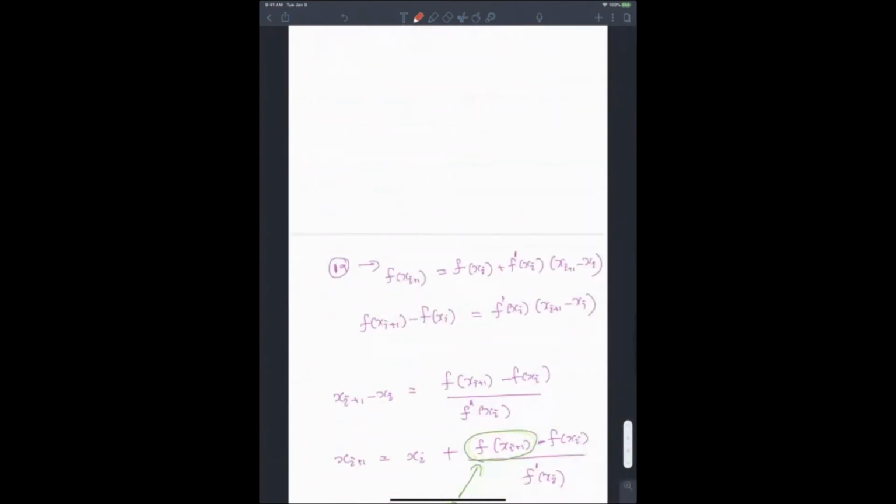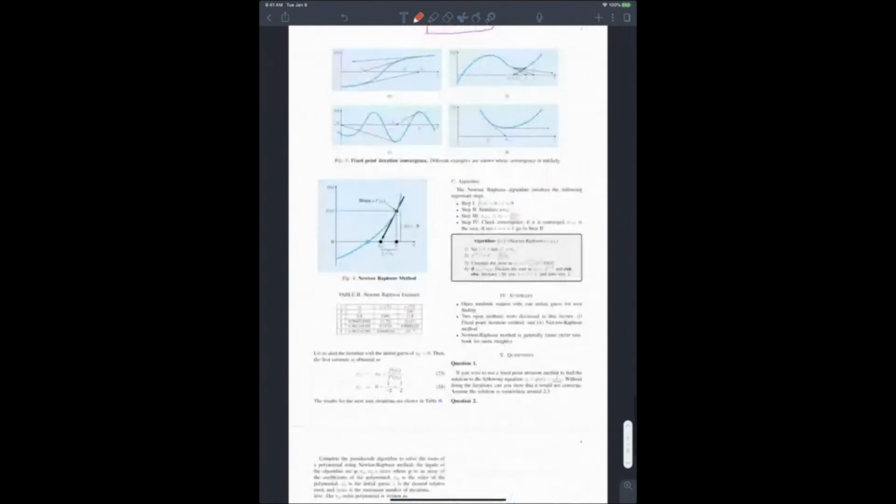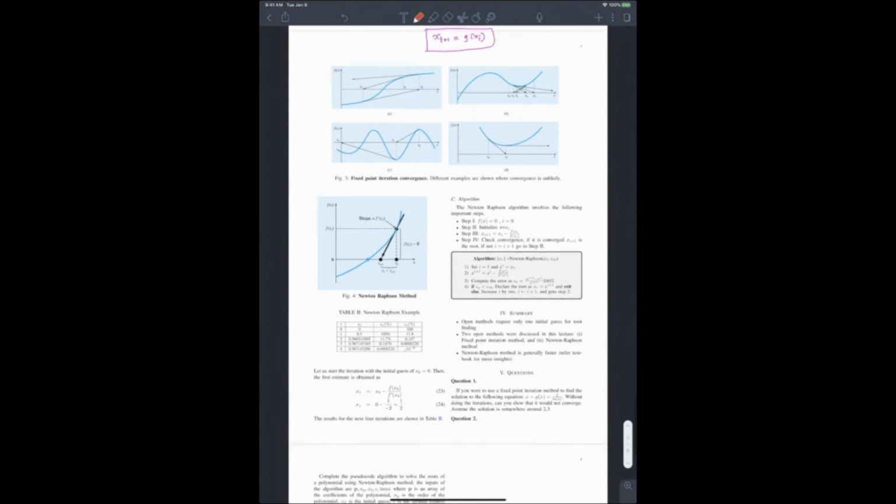So that's the algorithm there. Once again, it's the same type of algorithm, and there's not much difference here. This algorithm will need an initial guess, and it will need the epsilon threshold to stop.